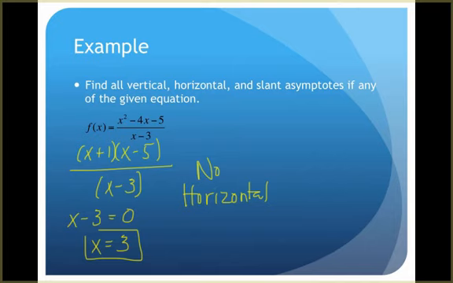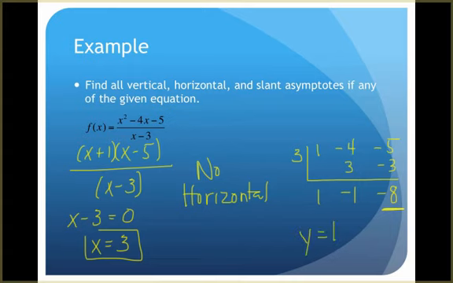So I know I have one because the degree is 1 more in the numerator than the denominator. So again, placing 3 on the outside, my coefficients of 1, negative 4, negative 5 on the inside, using the process of synthetic division, and remembering that I do not need to use my remainder, I get the equation of y equals 1x minus 1.